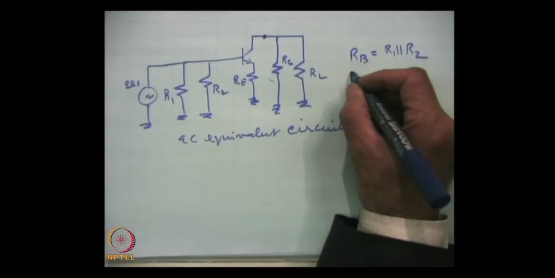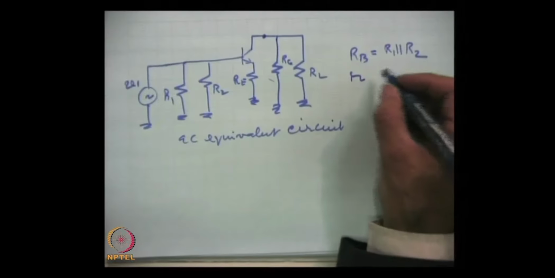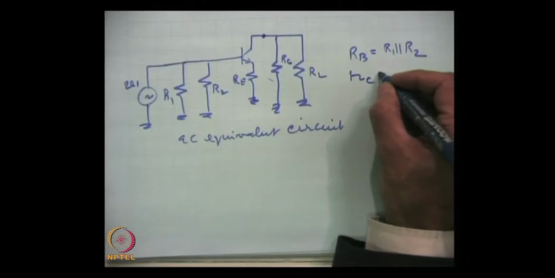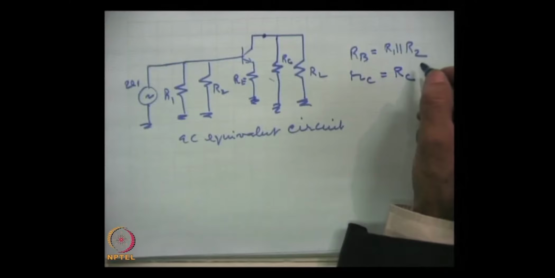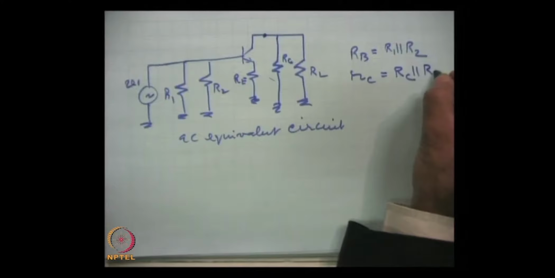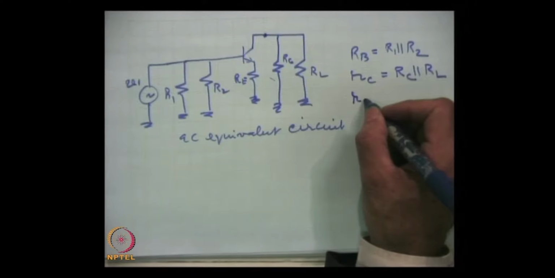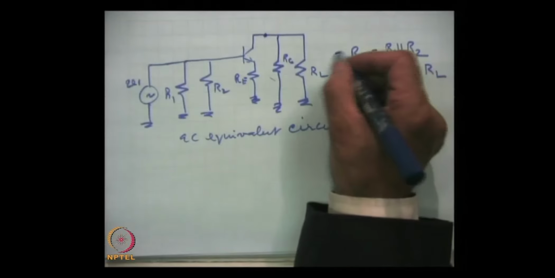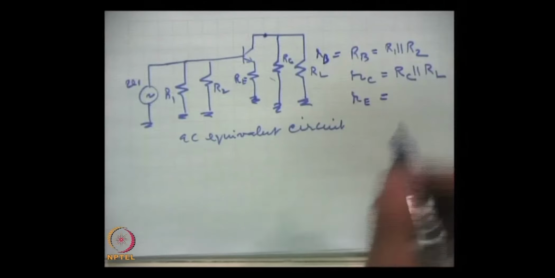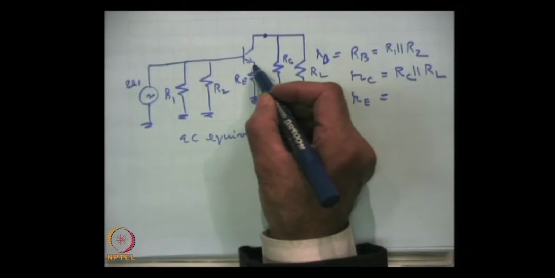So, RC is simply this capital RC, the resistance which is used with collector in parallel with load resistance, and RE, this we can write in small also, one and the same thing, and RE is the effective resistance as seen by the emitter.